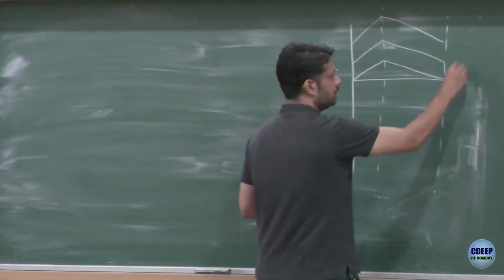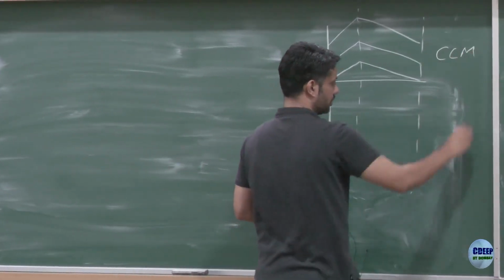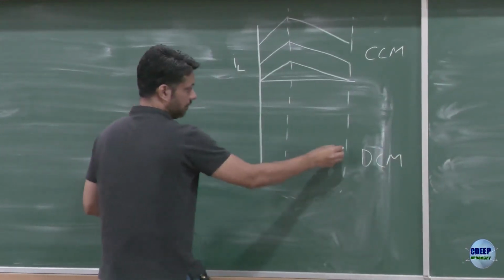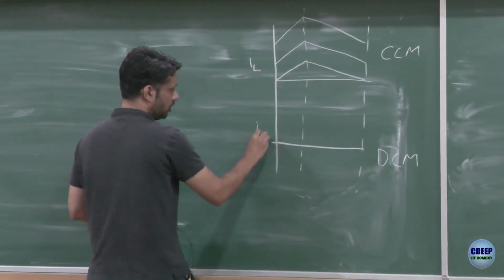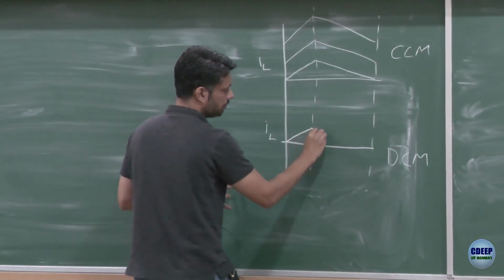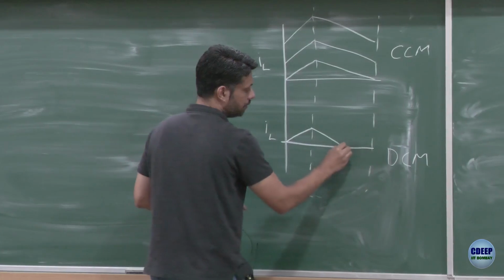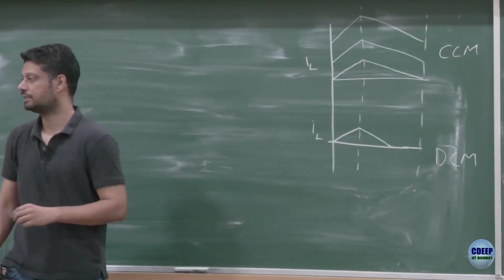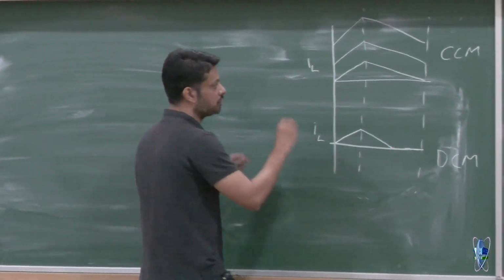So these are CCM, continuous conduction mode. Beyond this, it goes into discontinuous conduction mode, wherein your inductor waveform may look something like this. It may come to 0 before the completion of the cycle, before Ts, and then remain at 0. This is what we saw last time.